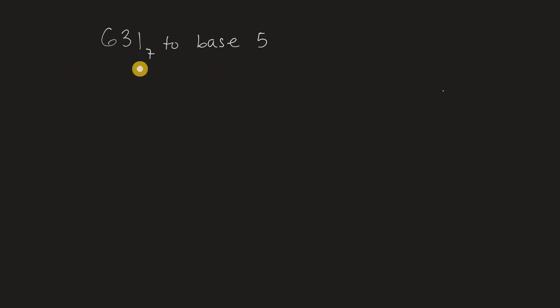So of course our first step here would be to convert it into base 10. And if you check the playlist, I have already made a video on how to convert to base 10. So let me just quickly do it. Okay, so 631 base 7, converting it to base 10. How would we do this? First of all, we're just going to count how many digits there are: 0, 1, 2.